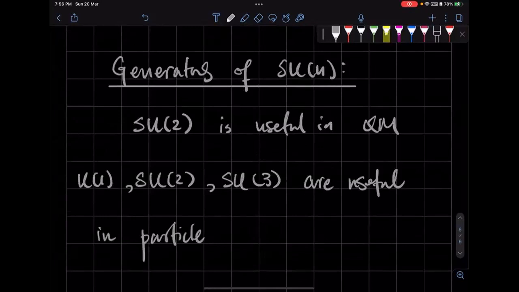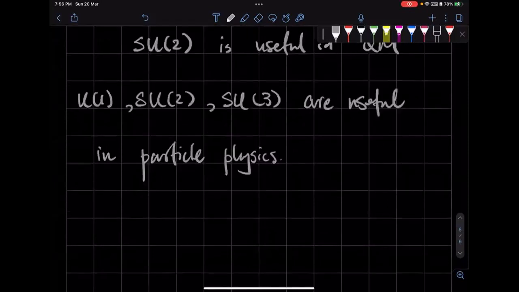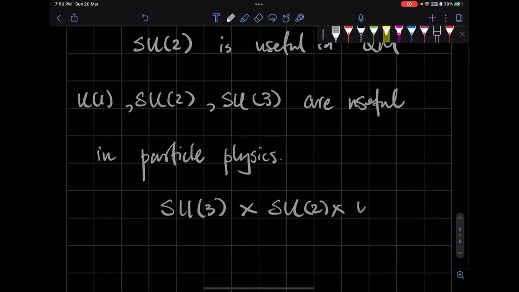In fact, the standard model of particle physics has a gauge symmetry, and the symmetry of the theory is SU3 cross SU2 cross U1. These two are the symmetries of the weak interaction and electromagnetism, and this is the symmetry of the strong interaction, strong nuclear physics.